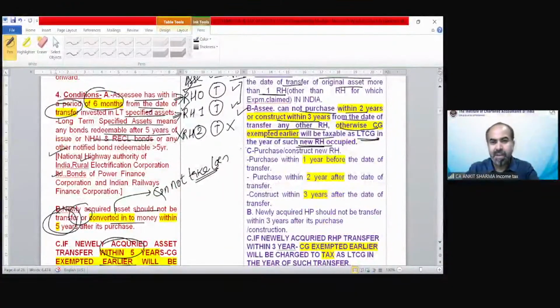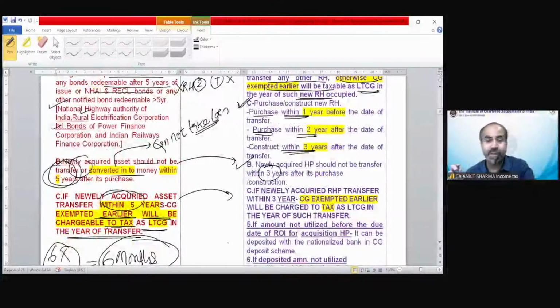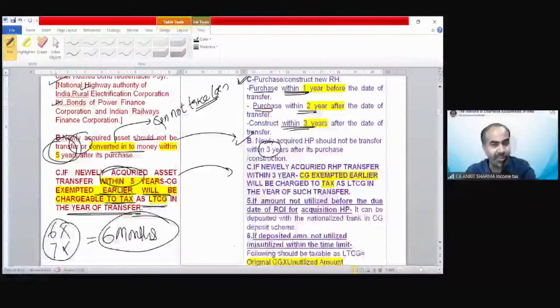The time period for purchasing a new house is exactly the same as per section 54. 1 year before, 2 years after to purchase, or within 3 years you have to construct. Point B is the same, that you cannot transfer the property, but the time period is only 3 years, not 5 years. Point C is the same. If you transfer within 3 years, then the cost of acquisition would not be affected, but whatever capital gain amount was exempted earlier is going to be taxed.